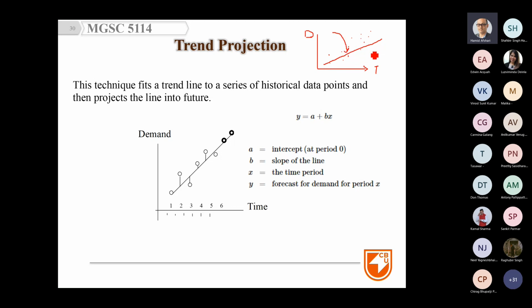After you find the equation of this line, you are able to put data of time in that equation, and then you can easily find the demand based on the time that you put in the equation. For example, if you are looking for demand at this certain point, look at what is the time. Let's say this is year number 10. And then from there, you are able to find how much is the demand for year number 10.